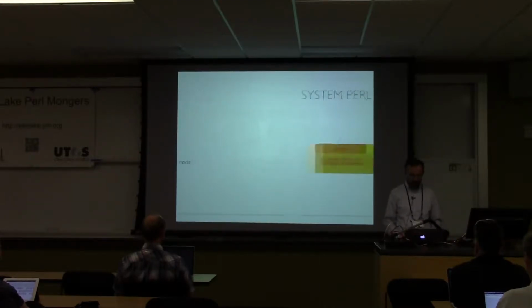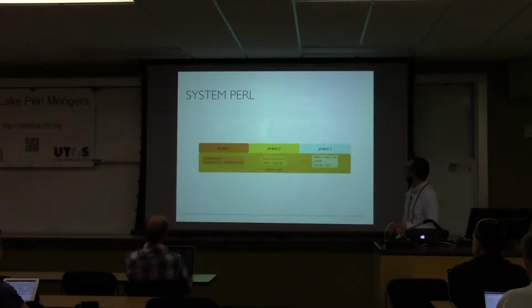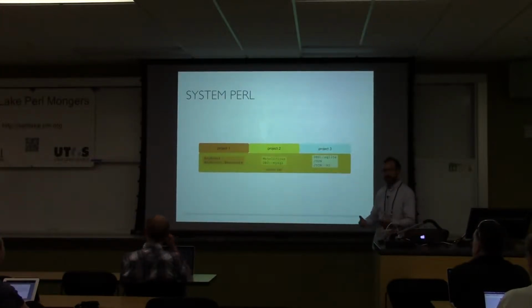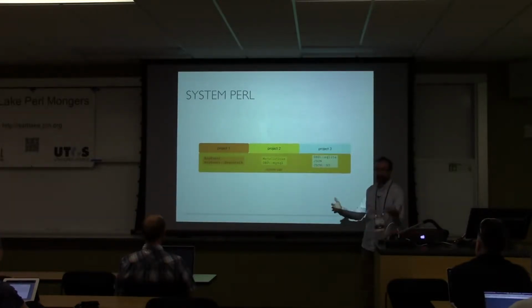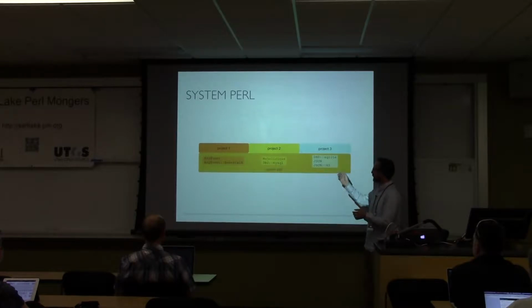So this is what it might look like. You've got your system Perl that comes with your VM, or maybe you've installed your own. For one project, you need these modules, so you just either cpan install them, or you yum install them, or apt-get them, whatever. You need these ones for another project and these ones for another project.